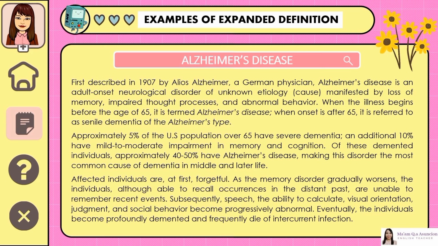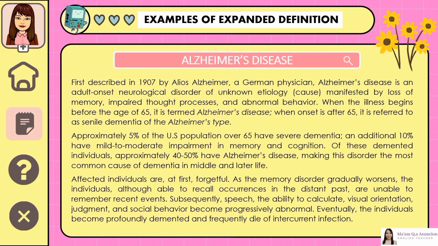When the illness begins before the age of 65, it is termed Alzheimer's disease. When onset is after 65, it is referred to as senile dementia of the Alzheimer's type.